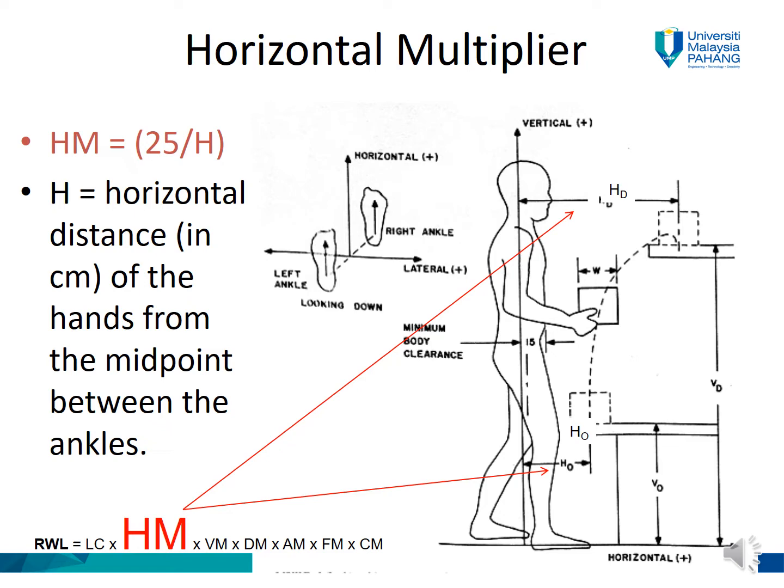If we are talking about the horizontal, there are two horizontal values that need to be paid attention to, which are HO and HD. You may look at the arrows pointing to the value of the horizontal, and after you get the value for both horizontal origin and horizontal destination, you may put them in the calculation.